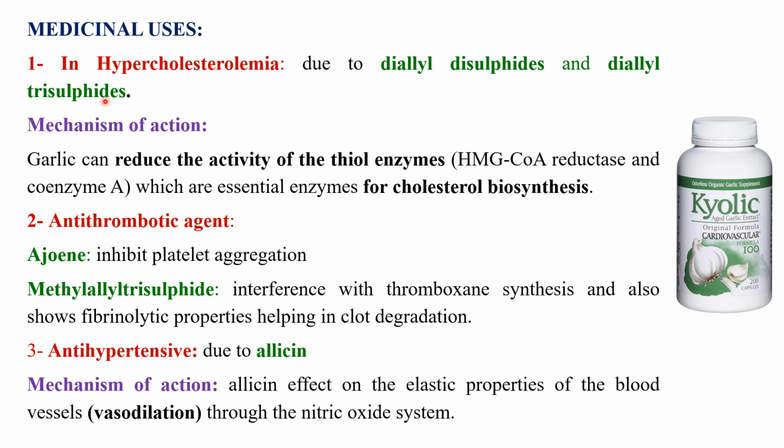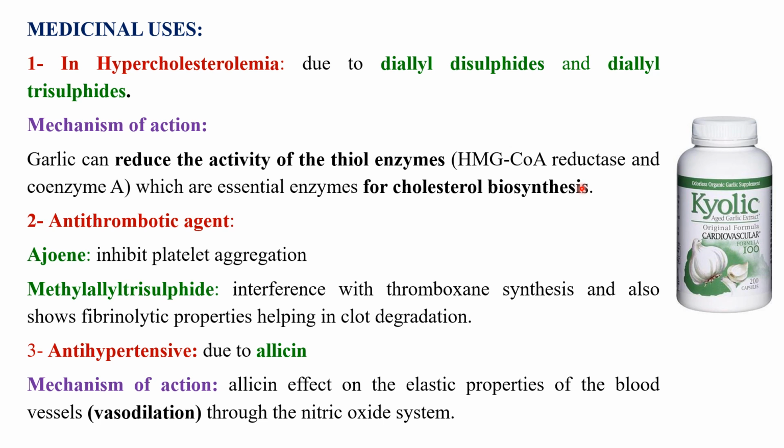The mechanism of action as an anti-hypercholesterolemic agent is that garlic can reduce the activity of thiol enzymes, HMG-CoA reductase and acetyl coenzyme A, which are essential for cholesterol biosynthesis. It prevents the synthesis of bad cholesterol and helps in the treatment of hypercholesterolemia.